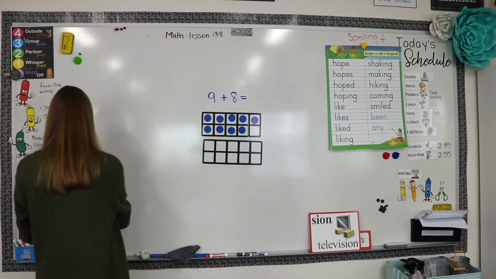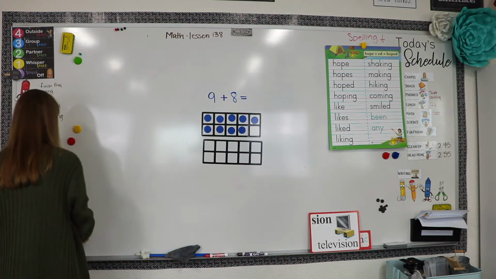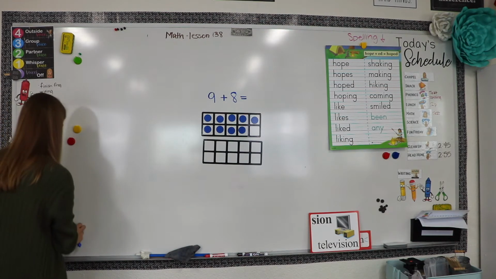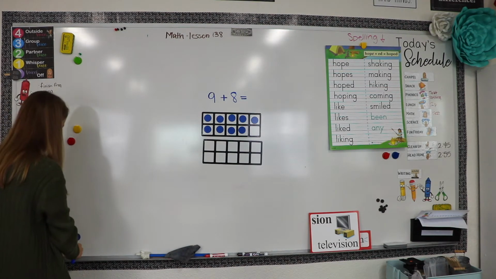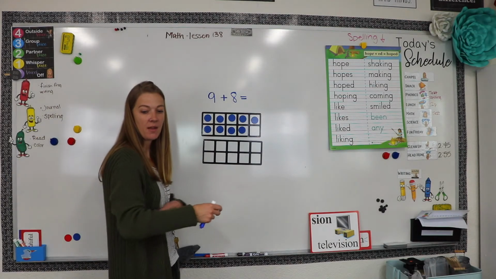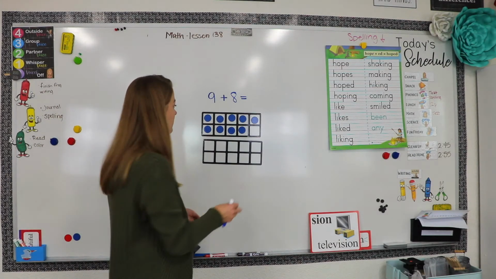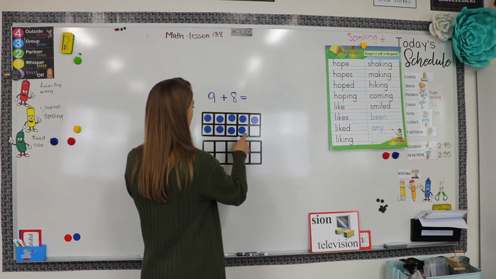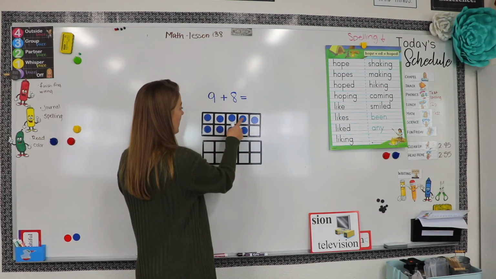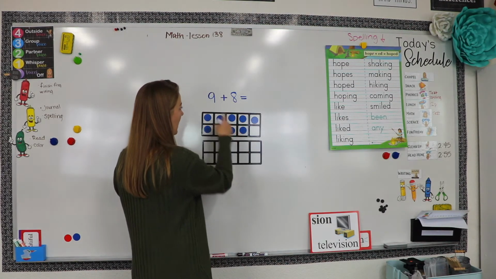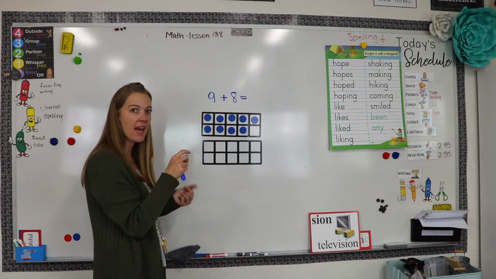And now I have 8 kiddos. If I was going to set up another 10 frame, or I'm going to count on. So I have 1, 2, 3, 4, 5, 6, 7, 8, 9 adults, right? So now I'm going to add the 8 kids.